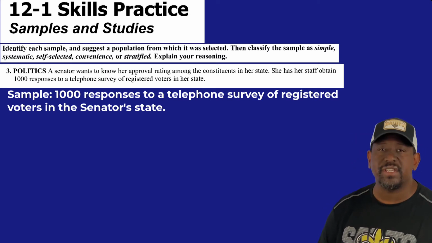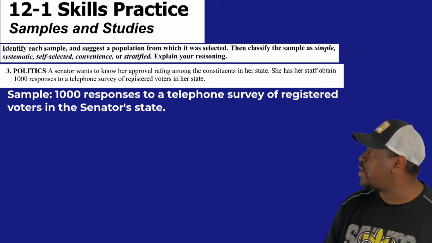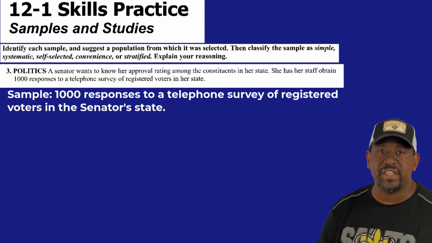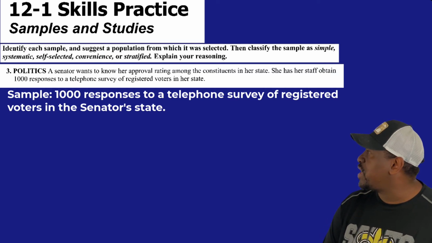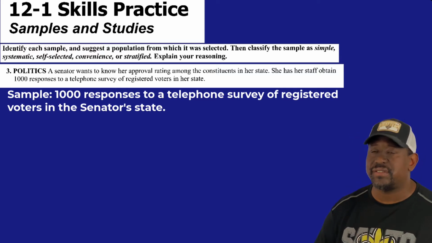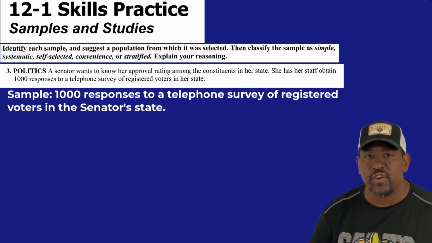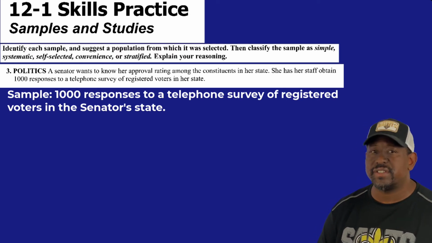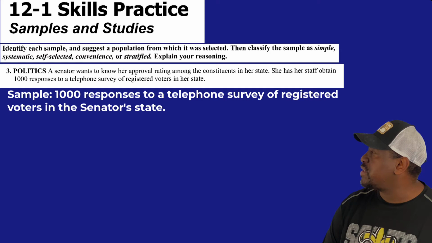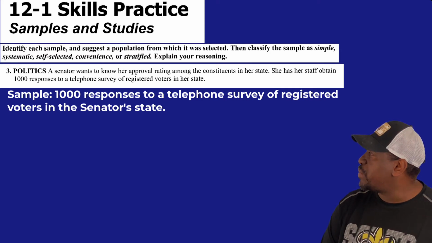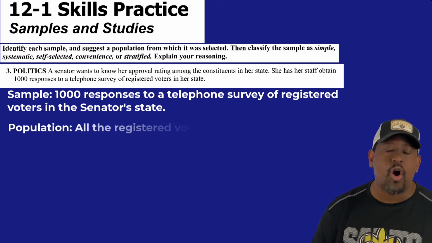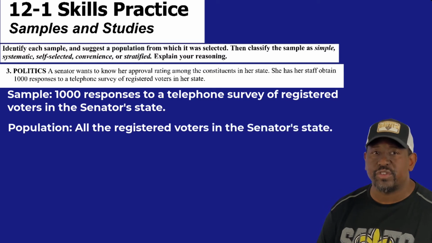We want to be as specific as possible when we're trying to answer the questions in regards to these samples. Now, the population is all the possible registered voters in the state.